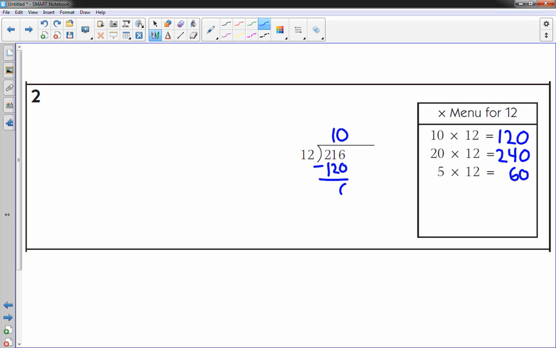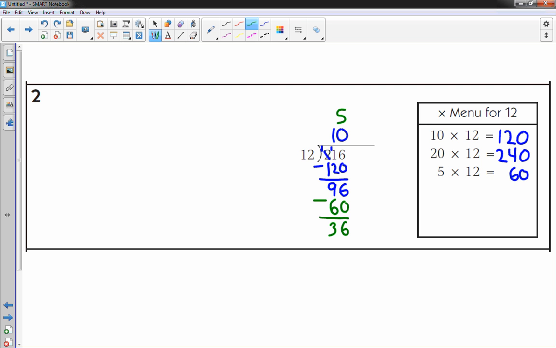Subtract. I have to borrow. 11 minus 2 is 9. 1 minus 1 is nothing. All right, this is working out pretty good so far. I'm going to go ahead and use that 5 times 12 is 60. Subtract. Hey, look at that.